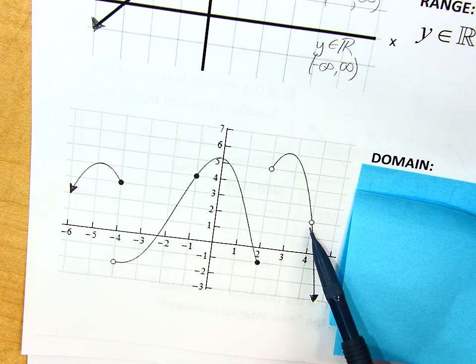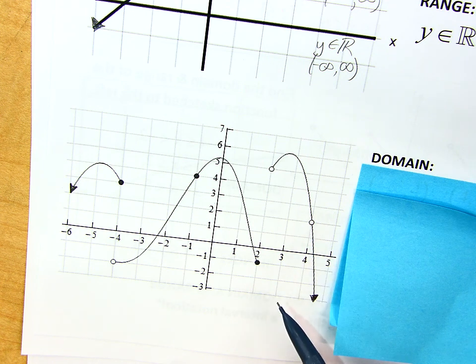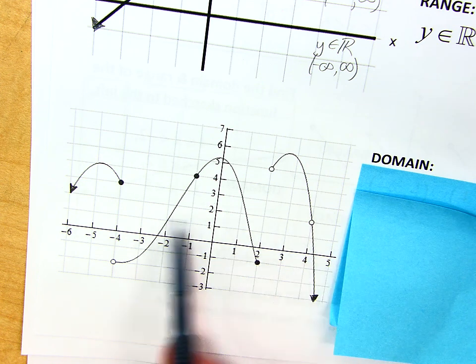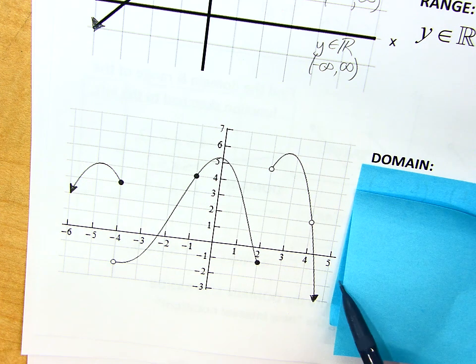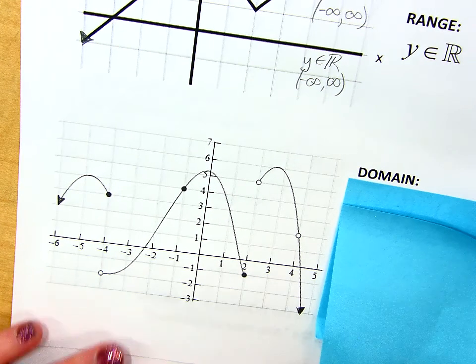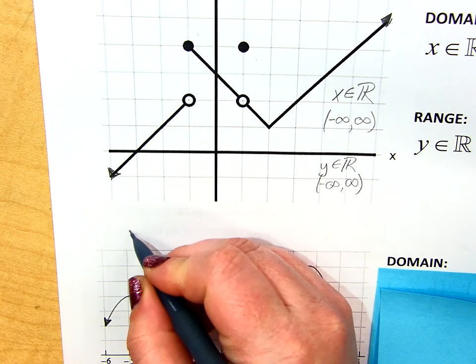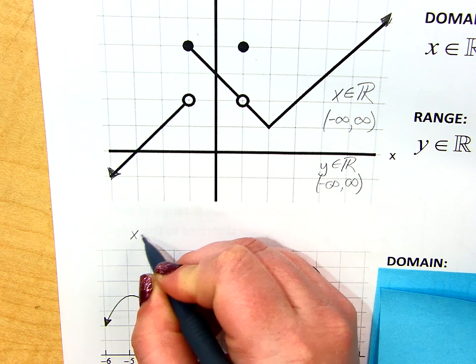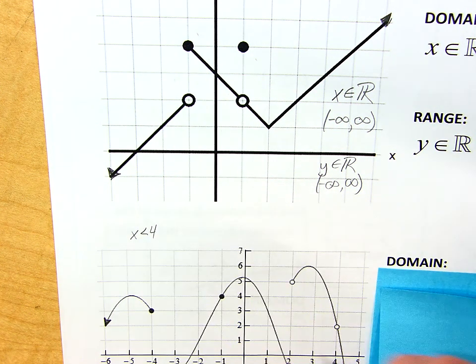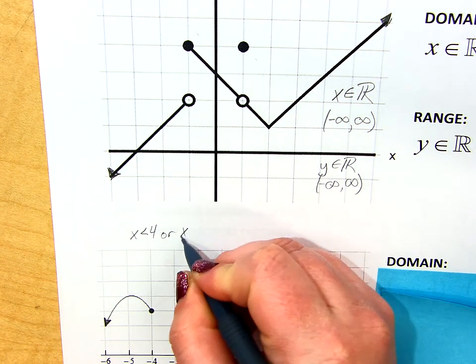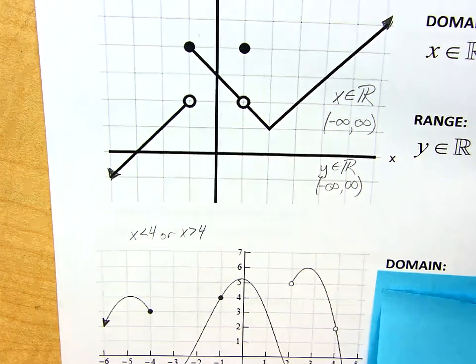There is no value of this function when x is equal to 4. So, I can have everything less than 4, and I can have everything greater than 4, but I can't have 4 itself. So, did you write something like, I can have x is less than 4, or x is greater than 4? Something like that?